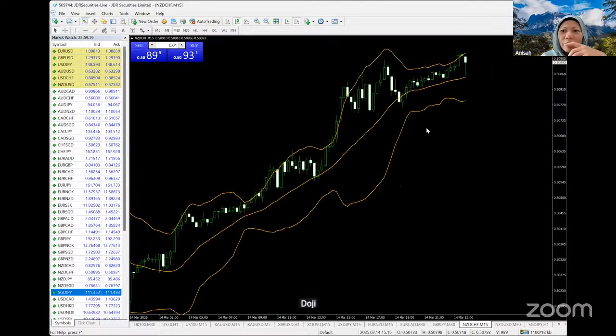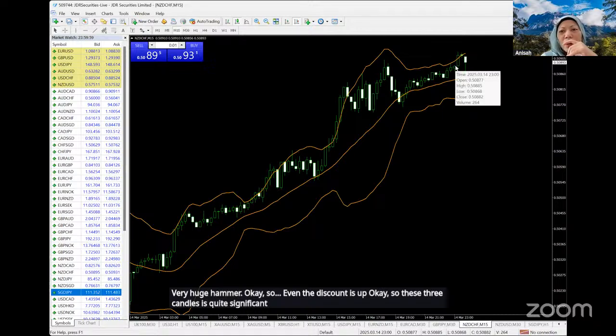Okay, there you go. This is a huge doji. Sorry, a huge hammer. Even though this candle is up, these three candles are quite significant.